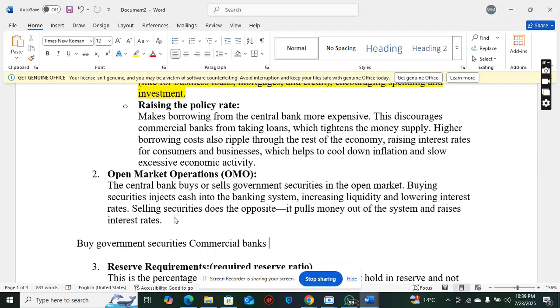When it gets the treasury bills, it pumps money into the commercial banks. And when the commercial banks have money in their reserves, they have more money to loan out at lower interest rates, which is going to stimulate borrowing, and this borrowing will stimulate spending. Any questions?